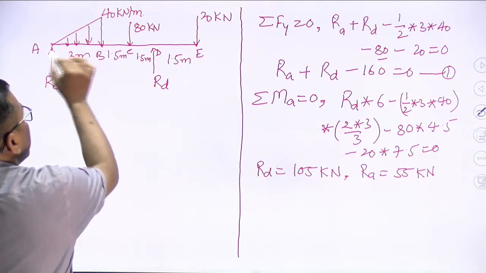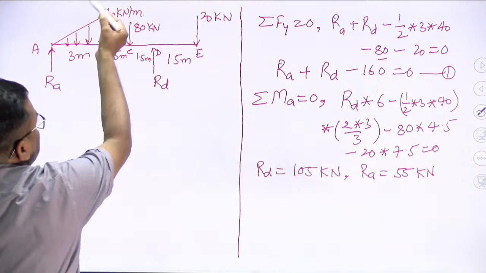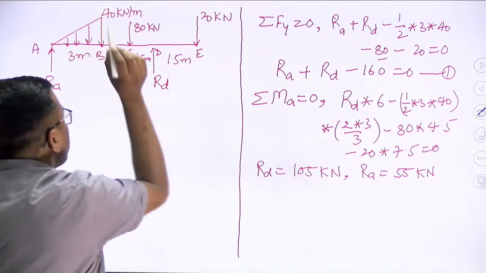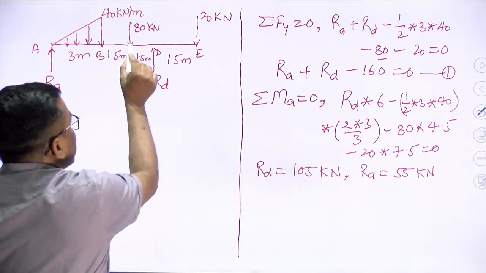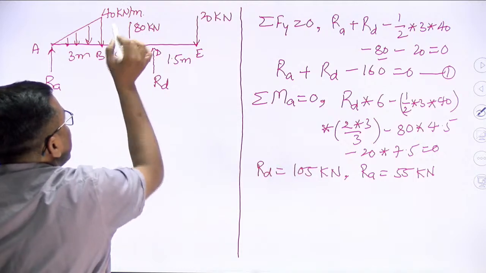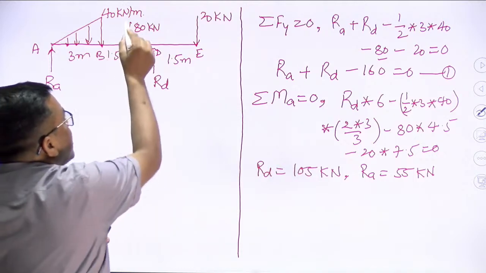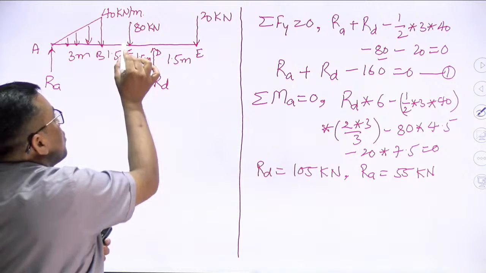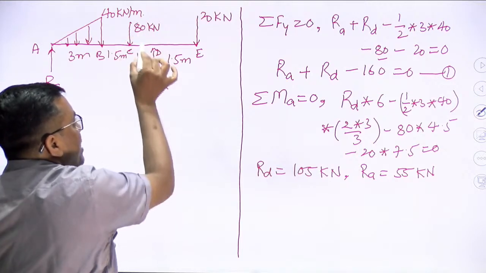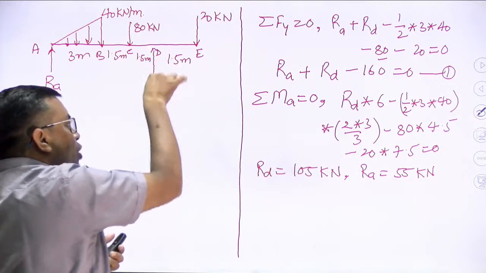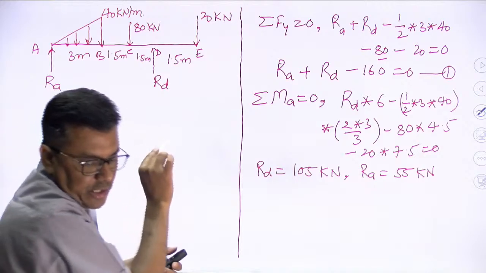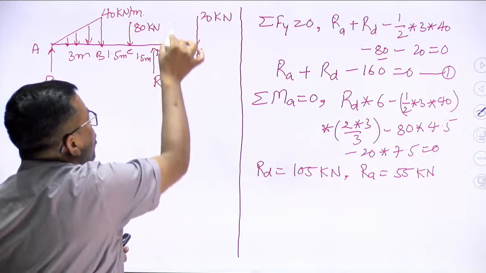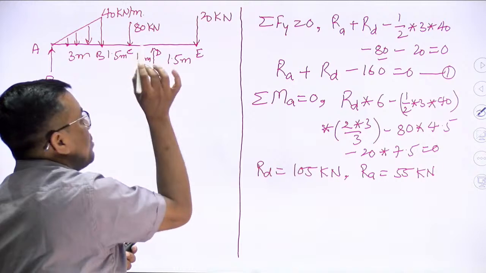From A to B there is a constant slope variation, so there must be one section here. From B to C the condition is the same, so between B and C there must be one section. At C the scene is changing, so from C to D there must be one section. At D, because of the support reaction, the scene is changing, so there must be one more section between D and E.